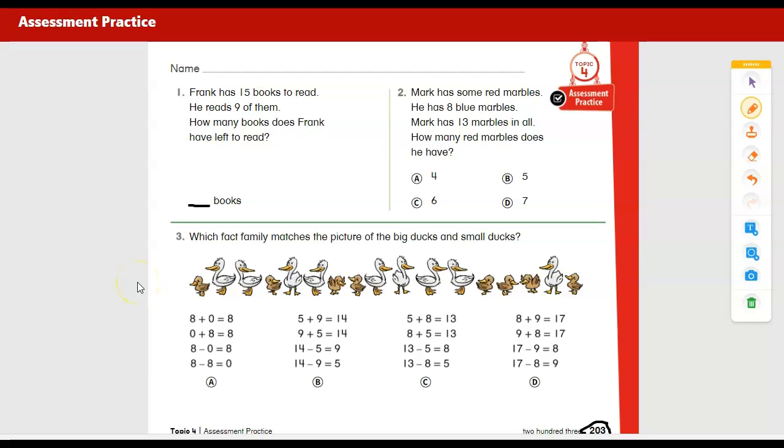So you will need to know how many ducks there are, how many are brown, and how many ducks are white. And those numbers will give you your fact family. So go ahead and pause the video because this one might take a couple minutes to count all of the ducks and their colors and find your fact family.